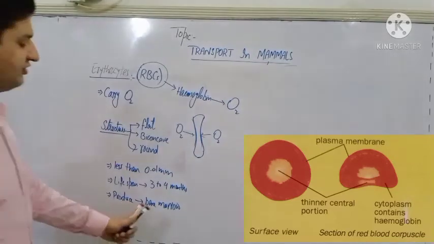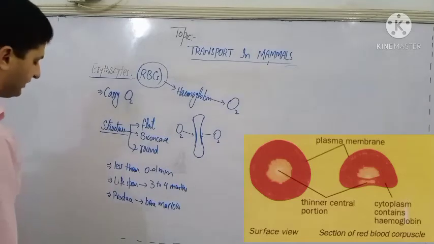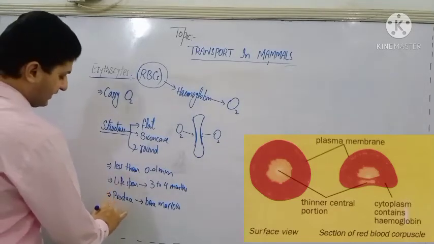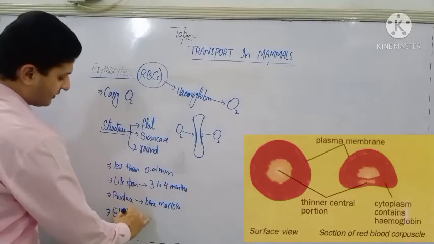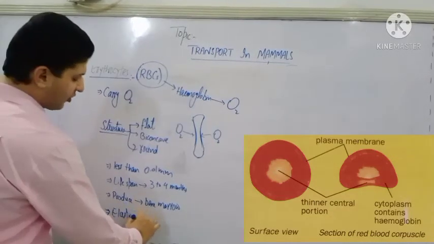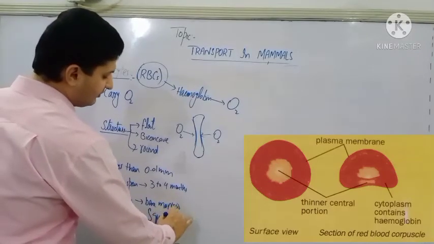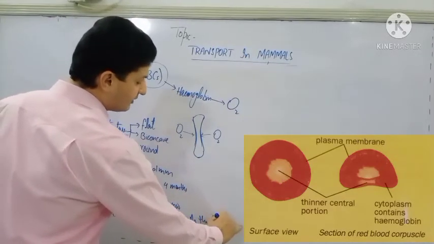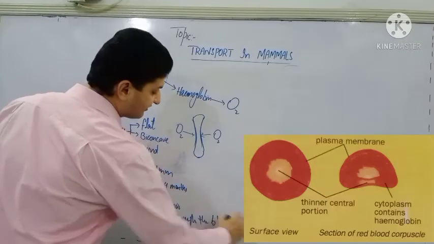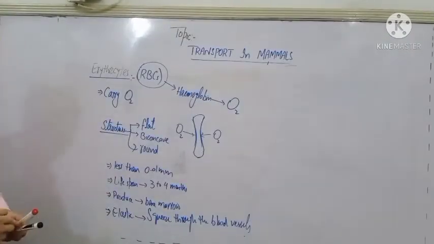The bone marrow produces these red blood cells, and even most of the white blood cells. And red blood cells are elastic, so because of their elastic nature, they can squeeze through the blood vessels. So this is all about the red blood cells.